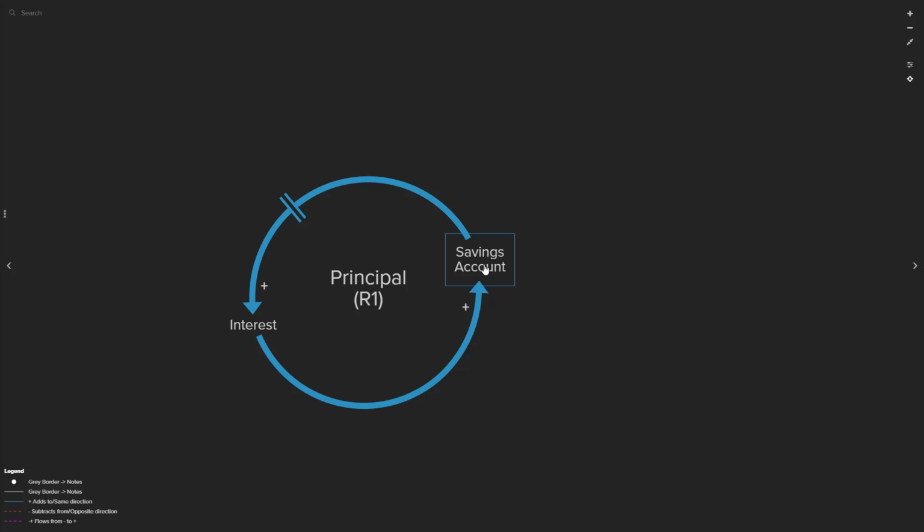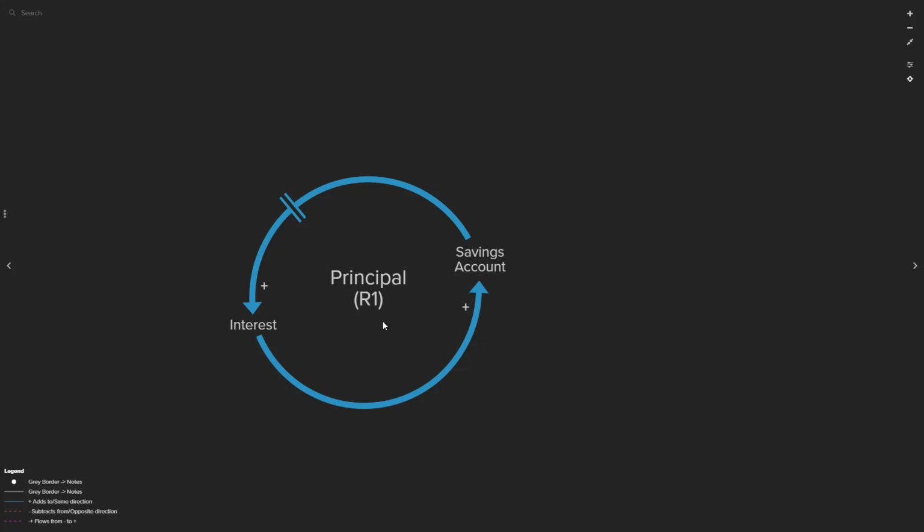In any one of these two elements alone, you don't find the characteristic of growth, but when the two of them interact on an ongoing basis, you end up with exponential growth. And we typically label a structure with the name of what it is that's growing, and we label it R1. So if there were multiple reinforcing structures in a relationship model, we could tell which order to think about them.